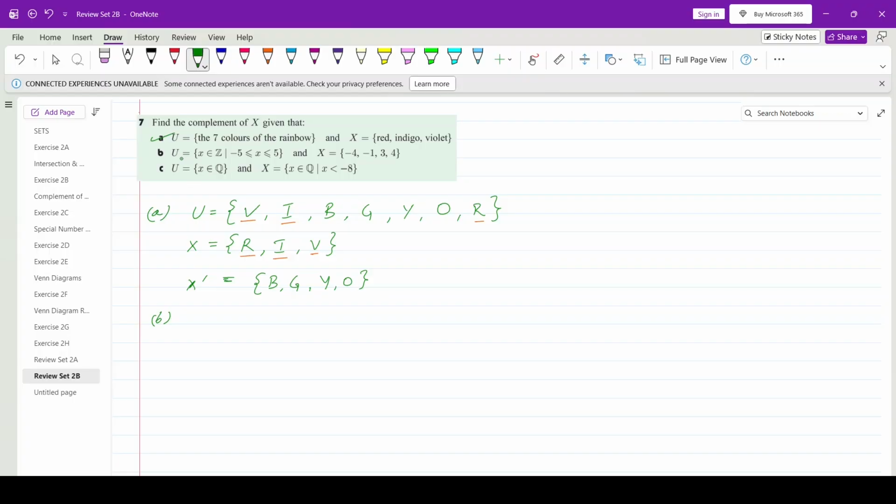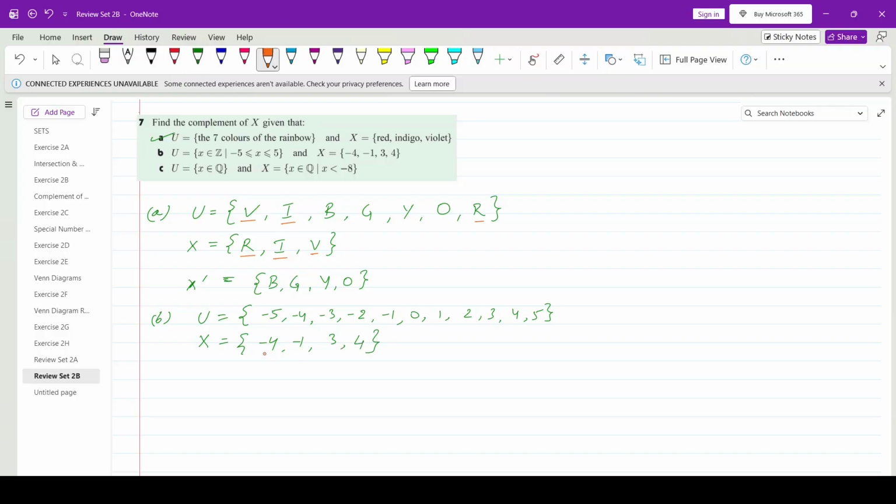Universal set. This one is a set of integers between -5 and 5 including both. So let's first enlist elements: -5, -4, -3, -2, -1, 0, 1, 2, 3, 4 and 5. X is equal to -4, -1, 3 and 4.